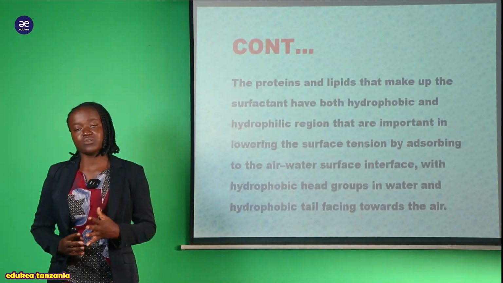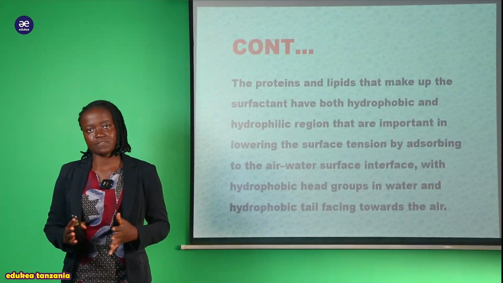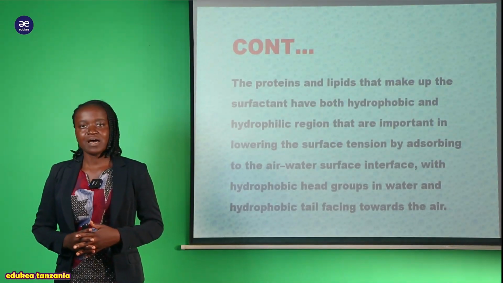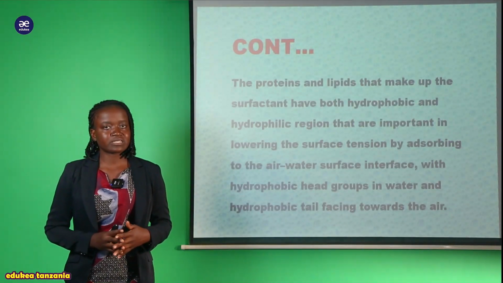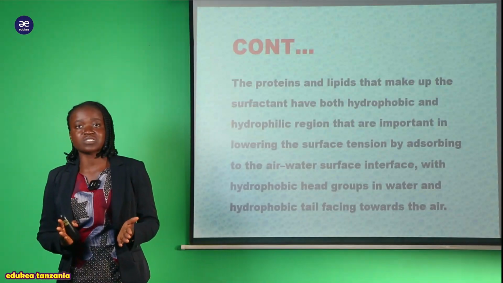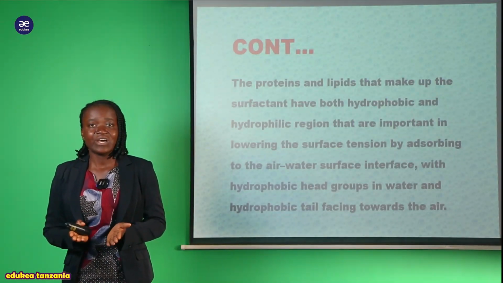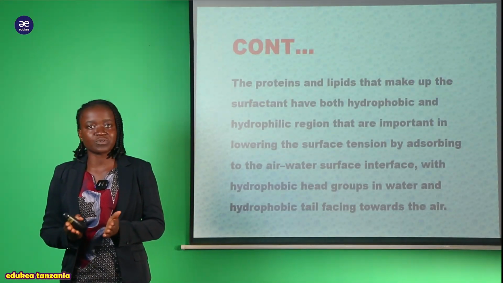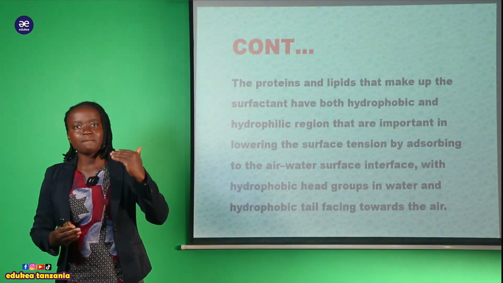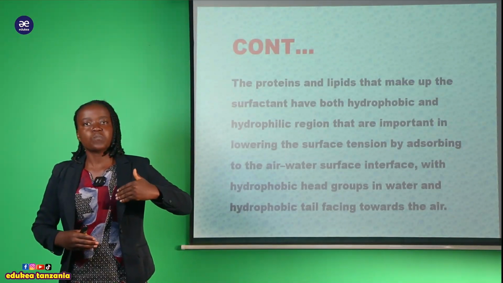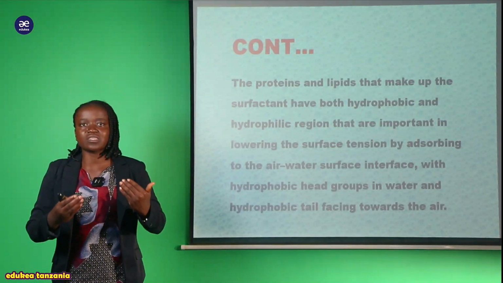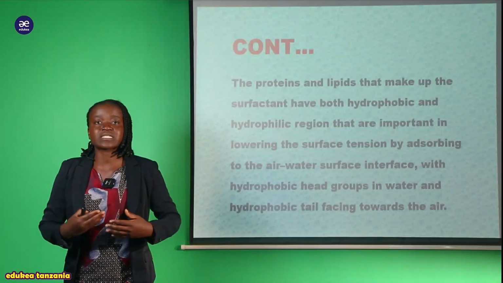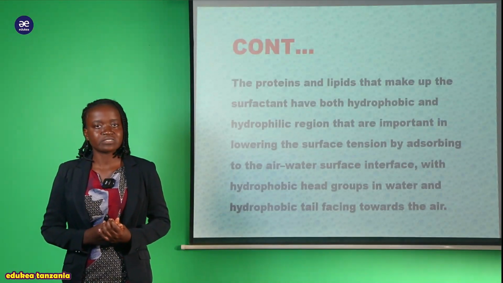So now, my student, you can see the importance of this surfactant which is produced by the alveoli. Since here we have seen that these chemicals, specifically we are talking about phospholipid together with the protein chemicals, ndizo ambazo zinasaidia sasa kuprovide surface tension within the lungs mpaka mtu yule anaweza akabreath vizuri zaidi.